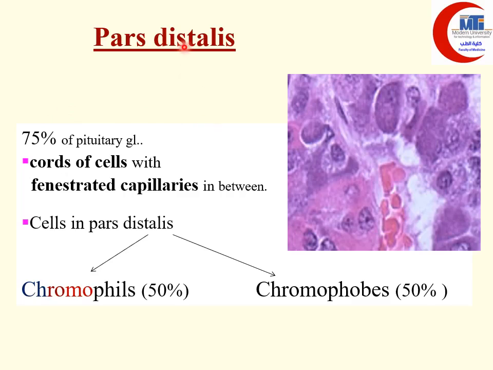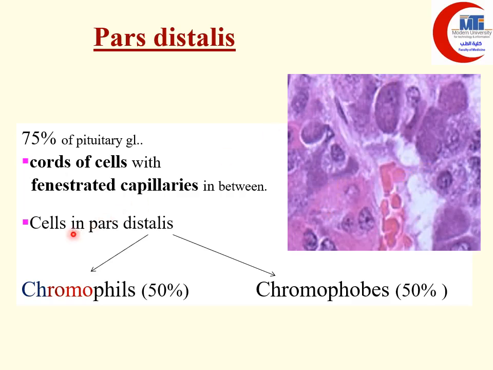The pars distalis is formed of cords of cells and fenestrated blood capillaries in between, as these cells secrete hormones which are directed through these fenestrated blood capillaries to the circulation. As in any endocrine gland, it's formed of cells that secrete hormones and fenestrated blood capillaries to facilitate the transport of these hormones to blood circulation.